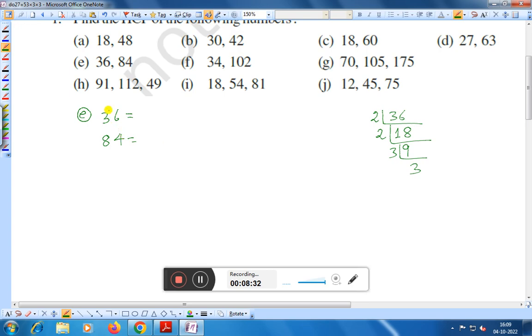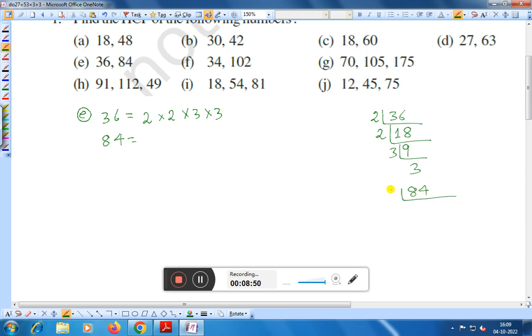Therefore, we are getting 2 into 2 into 3 into 3.